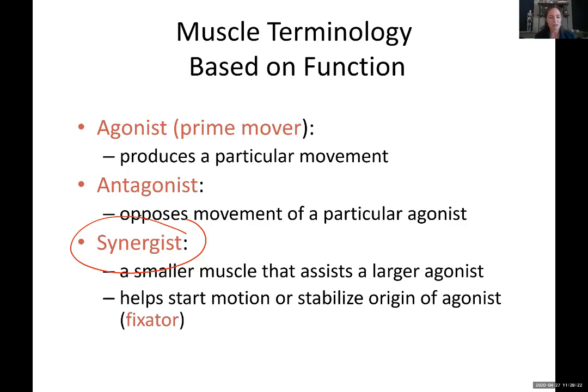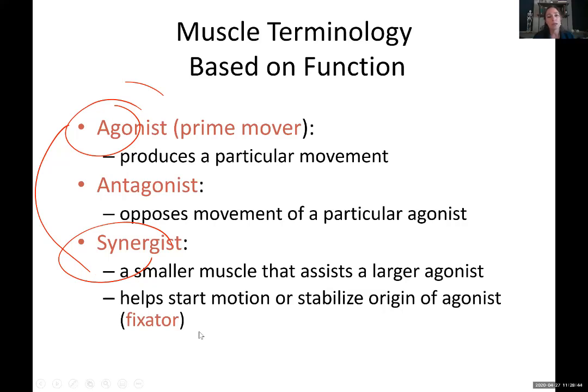But we have lots of other muscles on our back. The main one, usually the biggest one for that movement, would be the agonist. But all of the other smaller muscles that help in bringing your arms down would be called synergists. So agonists and synergists are all doing the same motion. The synergists are just helpers. They're just smaller. So this is some terminology. We'll bring these into play as we start talking about the specific muscles and their movements.